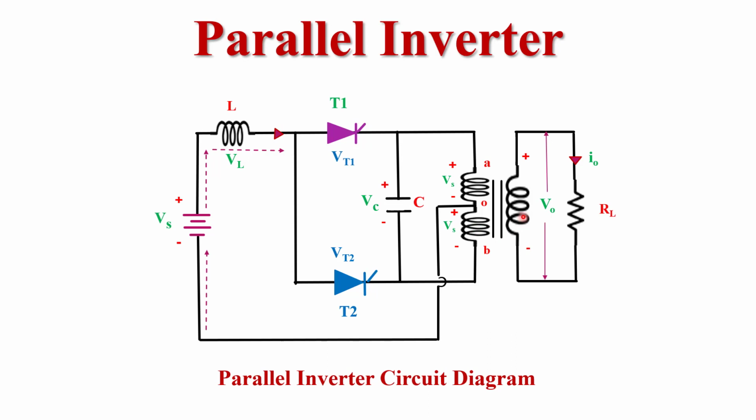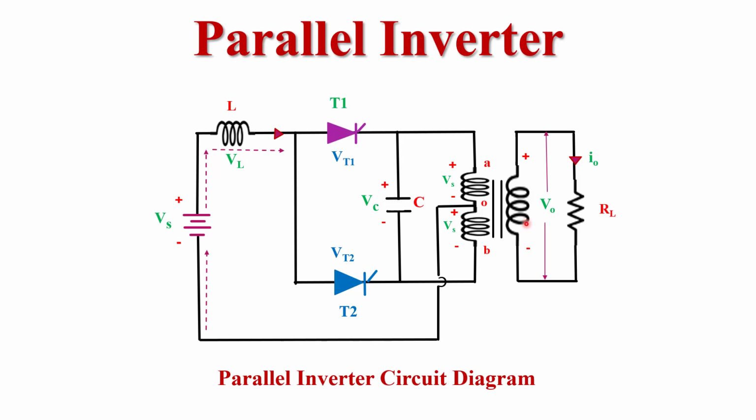That will induce equal EMF in the upper part, the lower part and the secondary winding. So, if Vs voltage is induced in the upper part of the primary winding, the same magnitude of voltage is induced in the lower part of the primary winding, and the same voltage is induced in the secondary winding also. So this is the transformer.